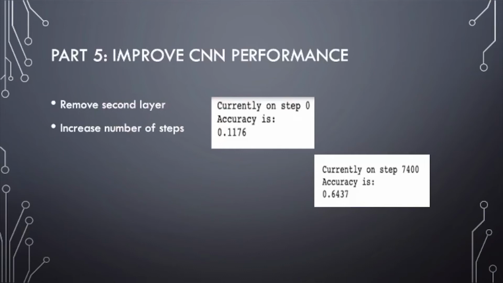So now we're going to take a step back and focus on what we did in part 3 for the CNN. If you remember, we got the accuracy rate of 0.6953.